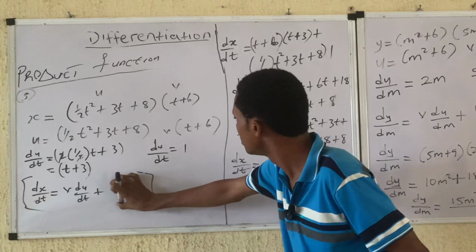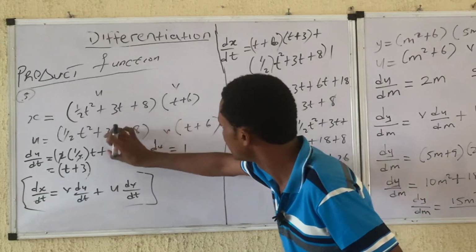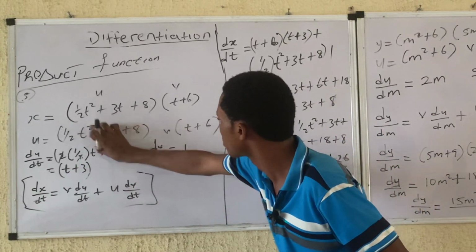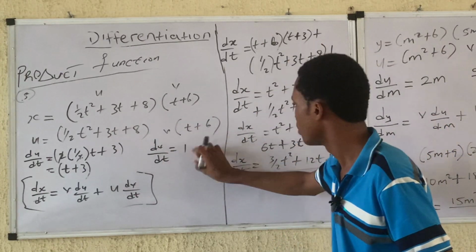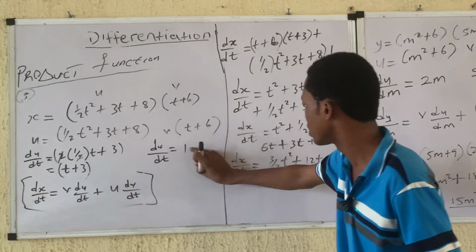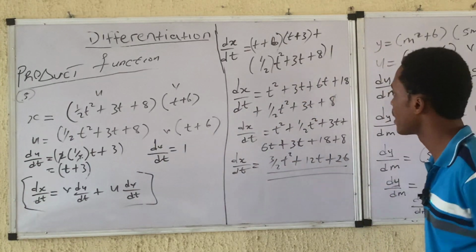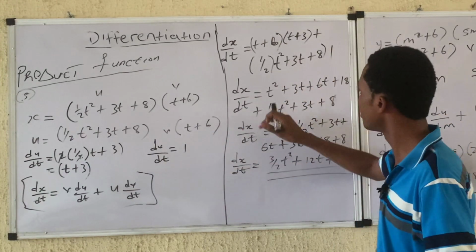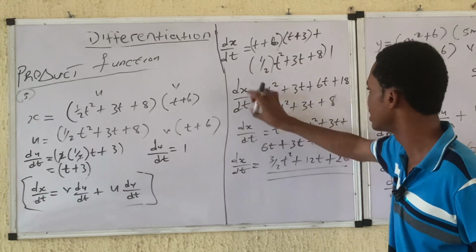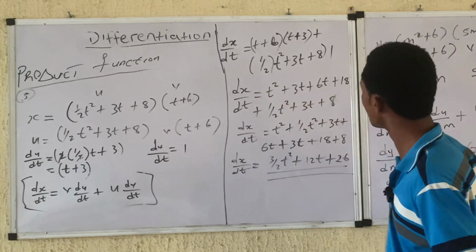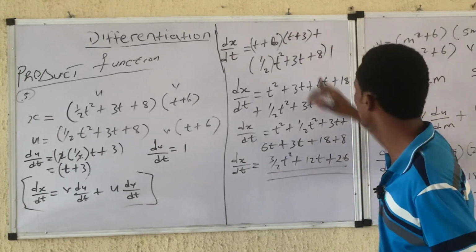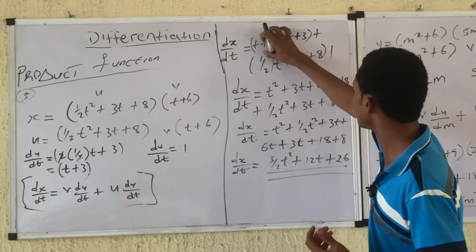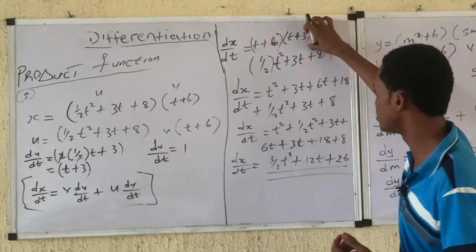Now our u, which is half t squared plus 3t plus 8, have it here, while our dv/dt, when we differentiated this one, we got 1. So this is the one we have here. Now, back to the formula, dx/dt equals, we open the bracket where it's possible, using the first bracket to multiply the second bracket.